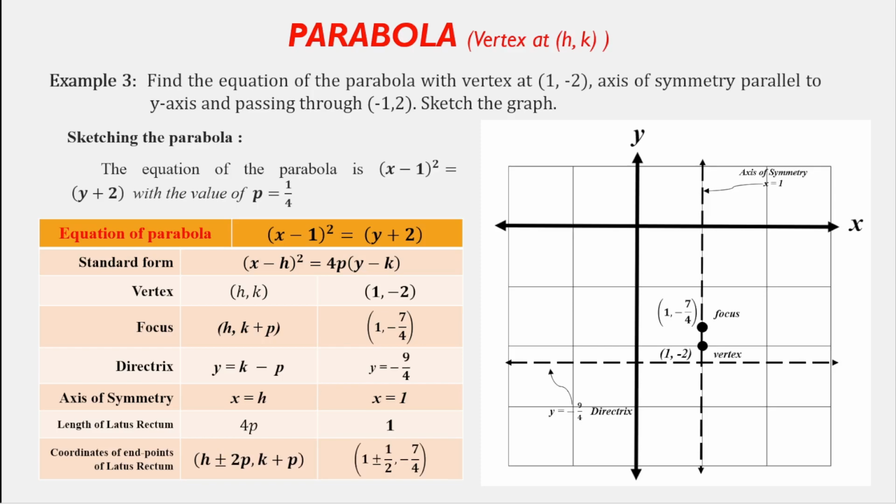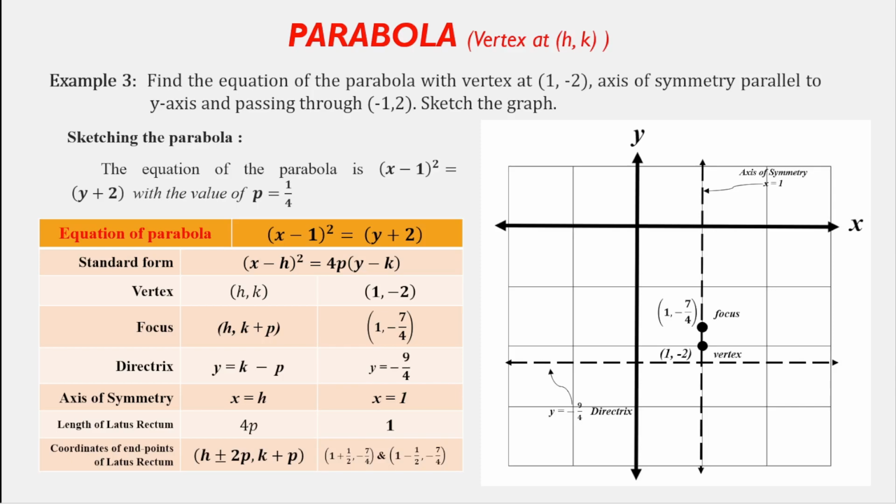As you can see, we have 1 plus or minus 1/2. It means that we can add and subtract 1/2 to 1. So we split this into two coordinates: (1 + 1/2, -7/4) and (1 - 1/2, -7/4).